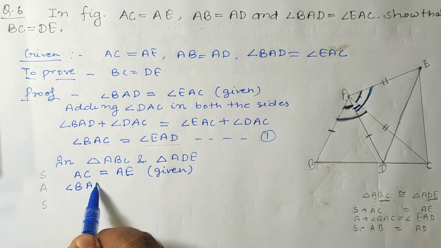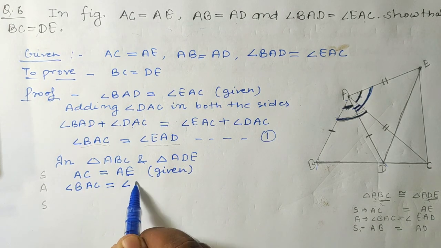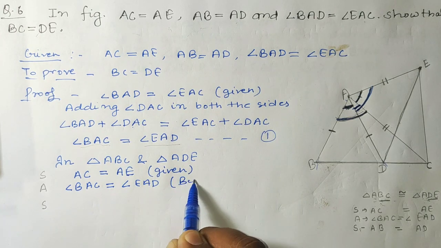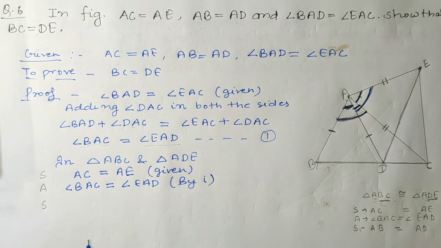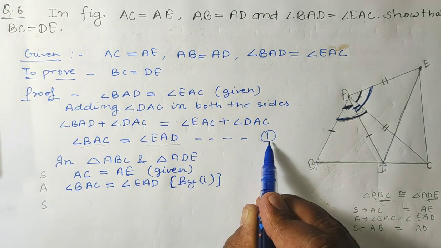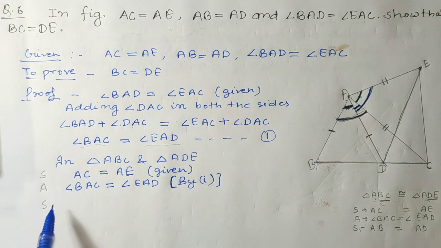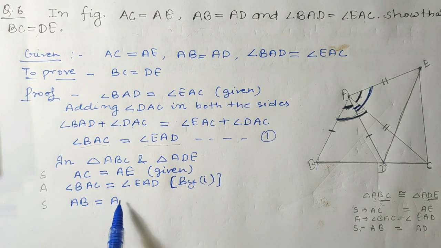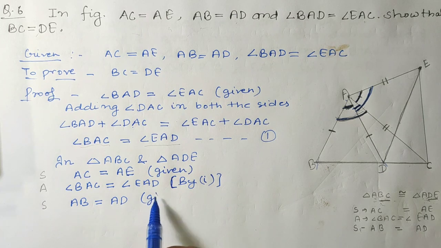The second one is angle. Angle BAC is equal to angle EAD. How? This is by equation 1. See, from the first equation we have proved it. And the third one is side AB is equal to AD. It is also given.